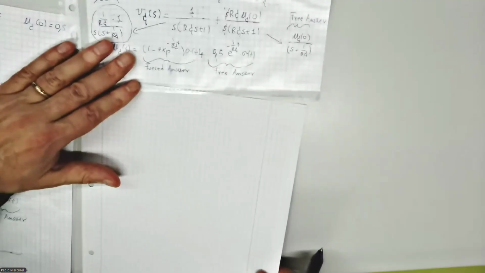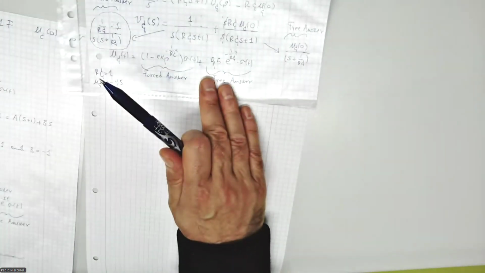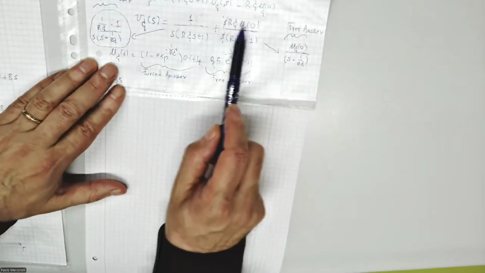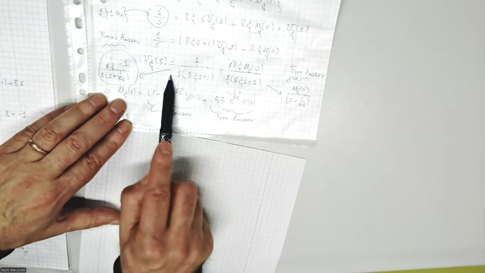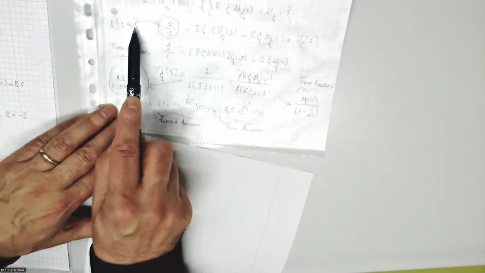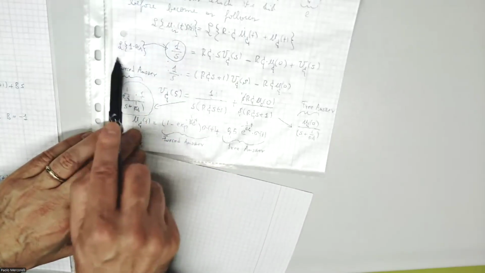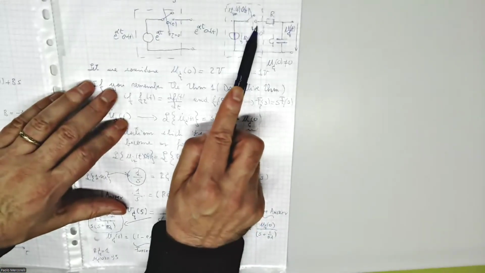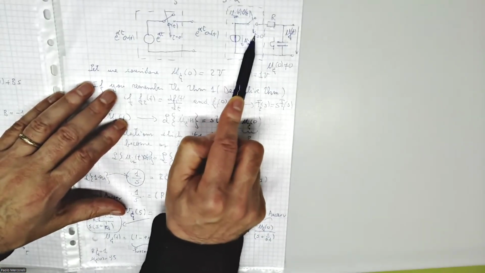And after many calculations, we obtained this signal if I apply a step. Do you remember here? I will upload all the material which I have. We have a step in input. This means, what is a step? It's a battery which starts at time 0.